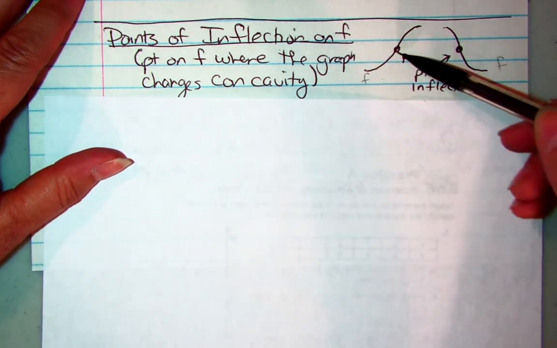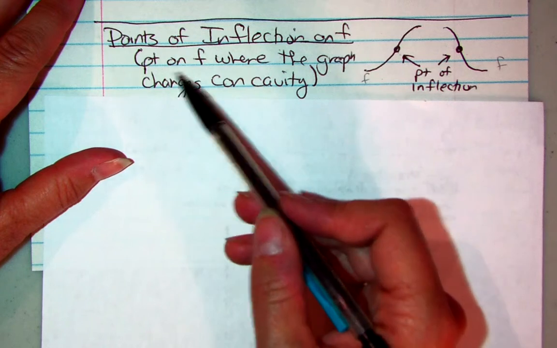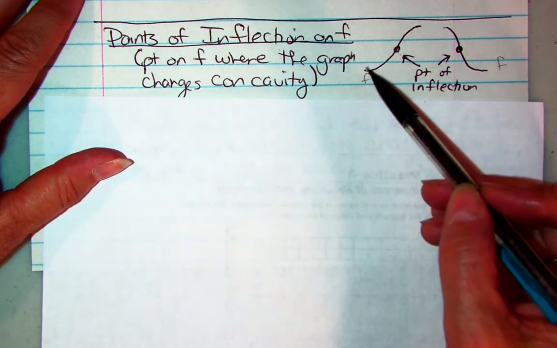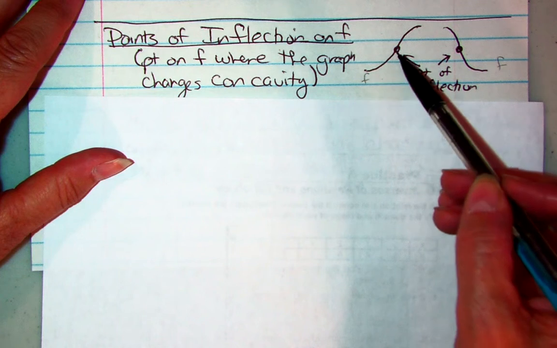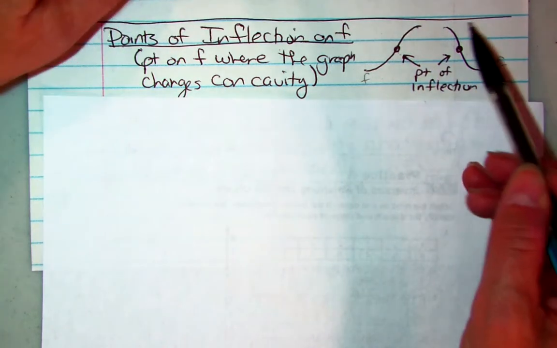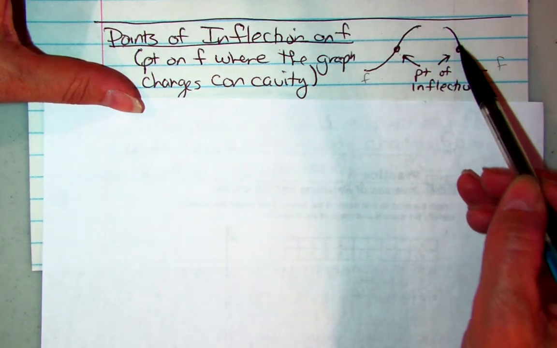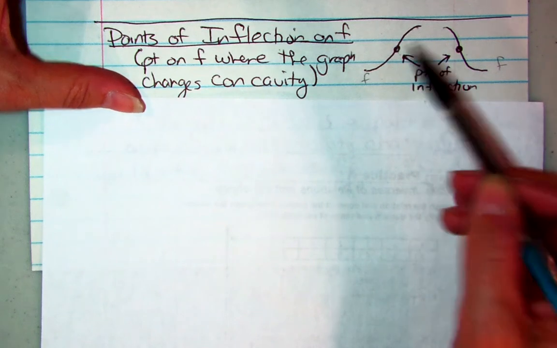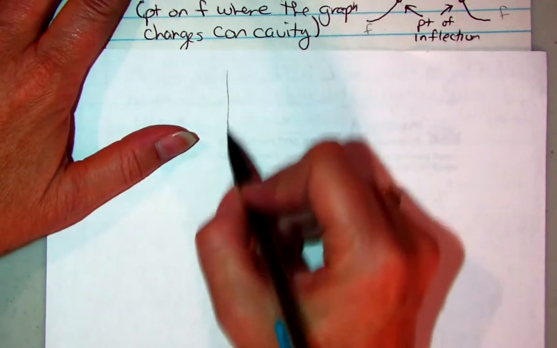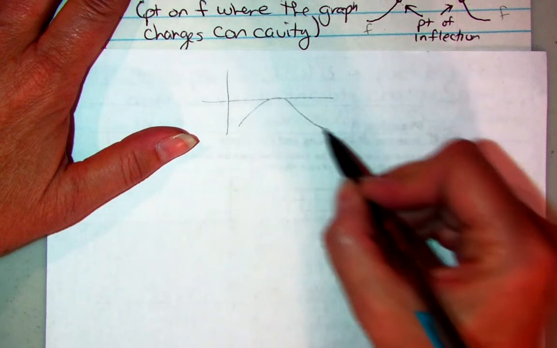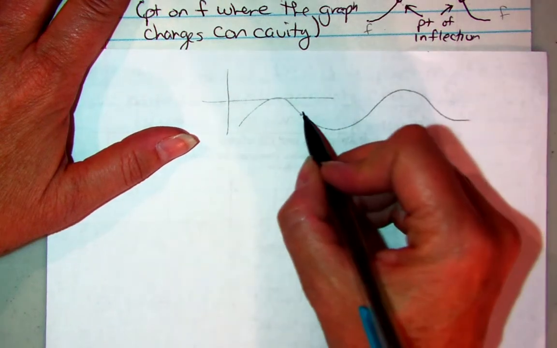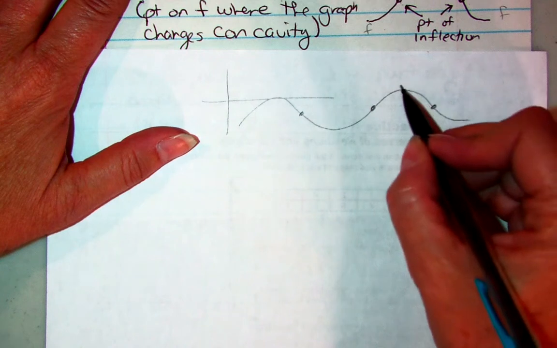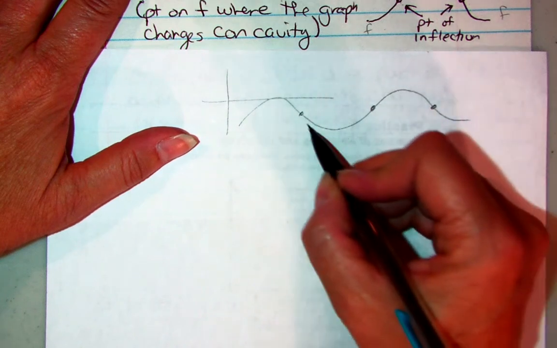There is a point of inflection: a point on f where the graph changes concavity from concave up to concave down, or from concave down to concave up. The moment it changes concavity is a point of inflection. So for example, if I do something like this, points of inflection would be here, and here, and here. This is downward, this is upward, this is downward.